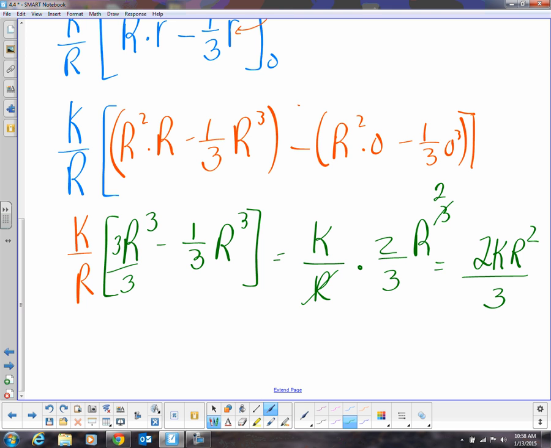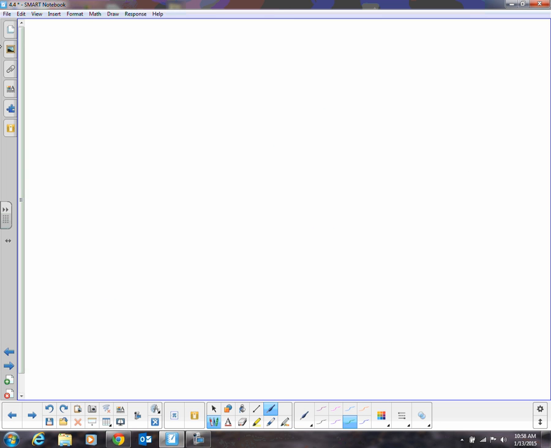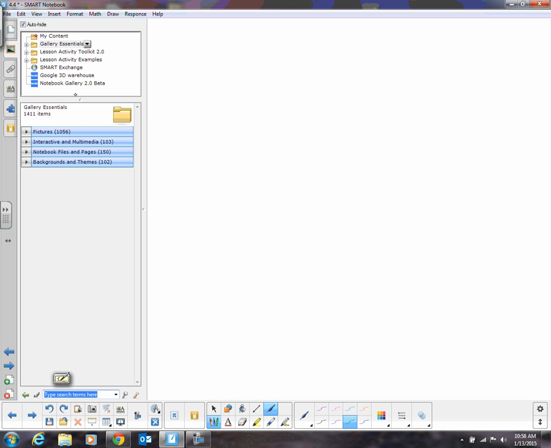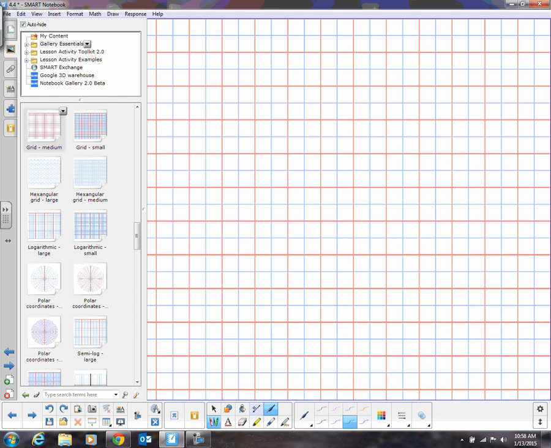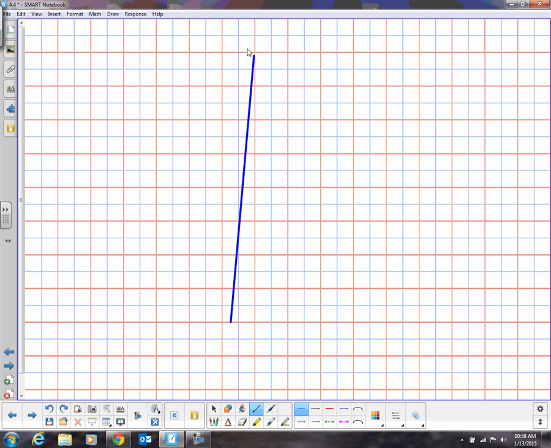59. 59 said the graph in the figure is shown. Evaluate. All right. So we've got a, let me get graph paper. Log, I want medium. All right. So we've got this graph going on. Let me see if I can draw it accurately.